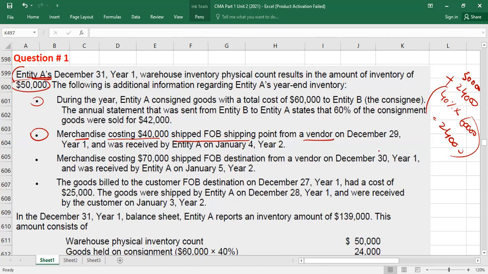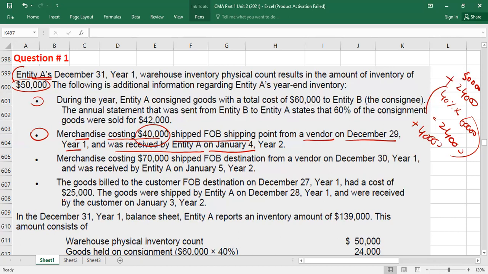Now on December 29, year 1, this is the shipping date, and it was received by you on January 4, year 2. Receiving date is not important. Shipment date is important. So the shipment date is 29 December, and the supplier has handed over to the shipping company. It means it's our inventory because we are the customer here. It means this inventory should be added into our inventory. And what is the cost? 40,000. So I will add here 40,000 more.